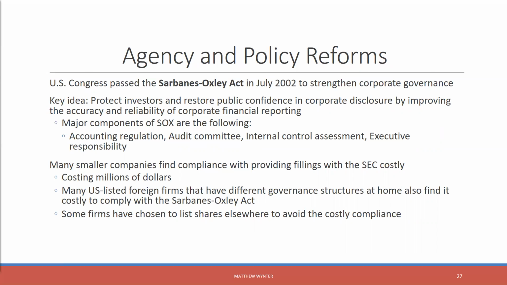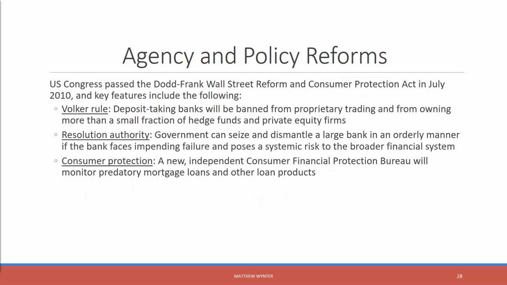The major components of SOX were accounting regulations, you establish an audit committee, you have internal control assessments, and you also have executive responsibility, meaning that the CFO now has to sign off on actual company financials. Many smaller companies find the compliance with SOX, the increased SEC filings to be costly, and some foreign listed firms have chosen not to list in the US because of this high cost of compliance.